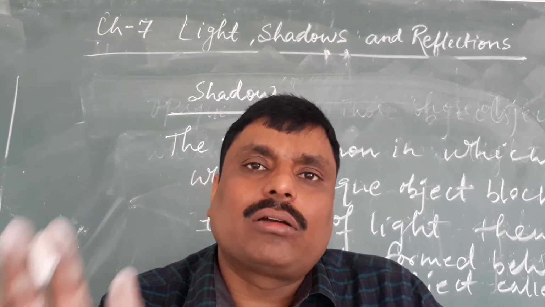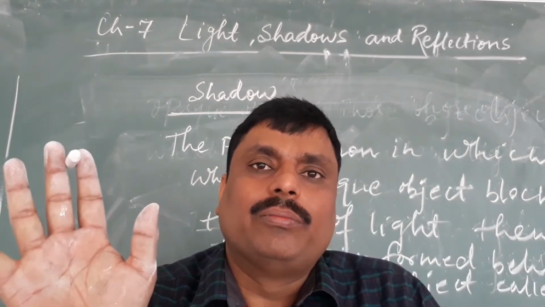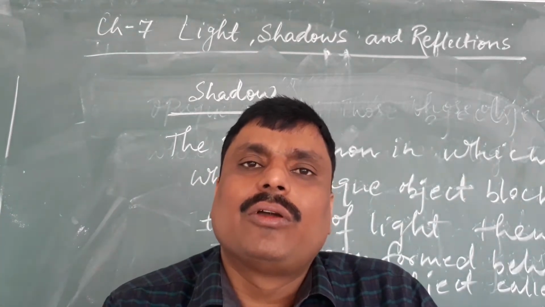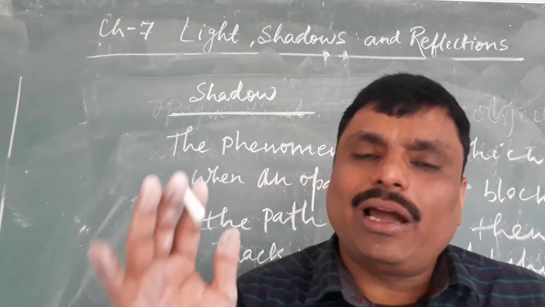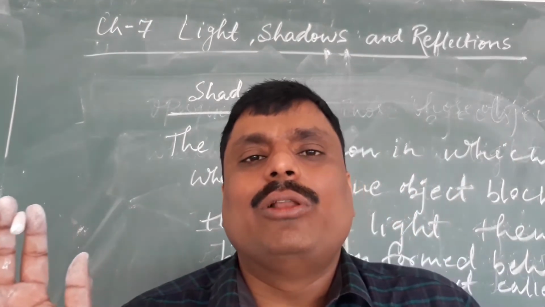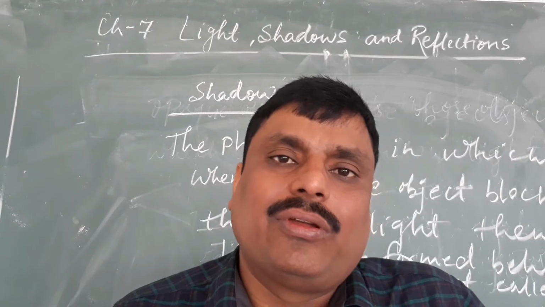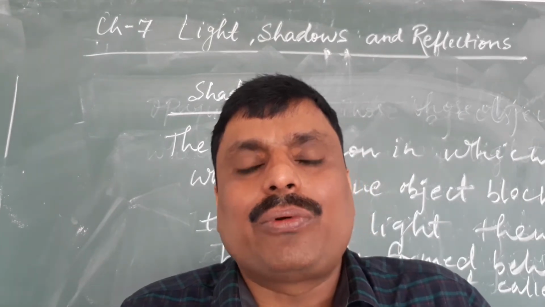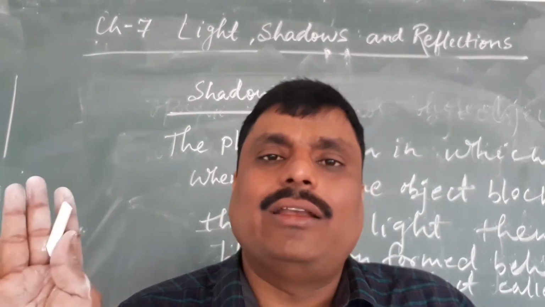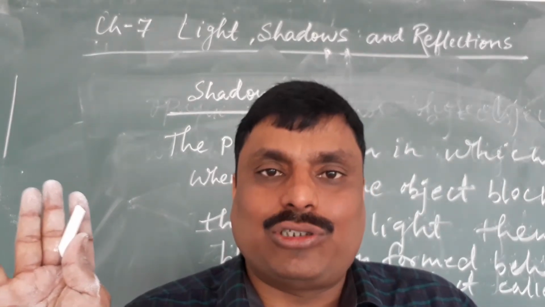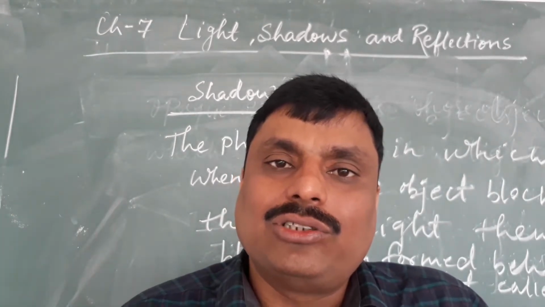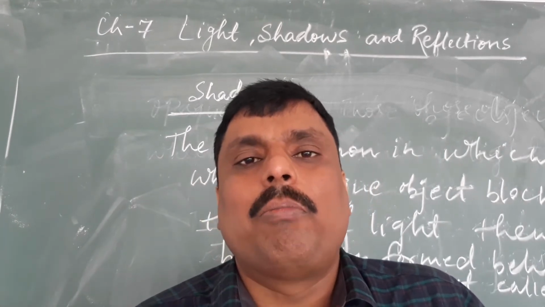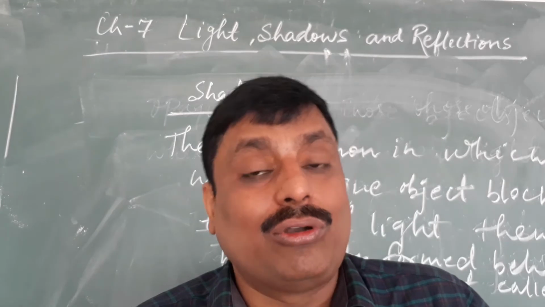If you block the light of the bulb with your hand, then just behind your hand a dark region is produced. That dark region is produced because of the blockage of light by your hand kept just in front of the light. The black region produced on the backside of your hand is called a shadow.